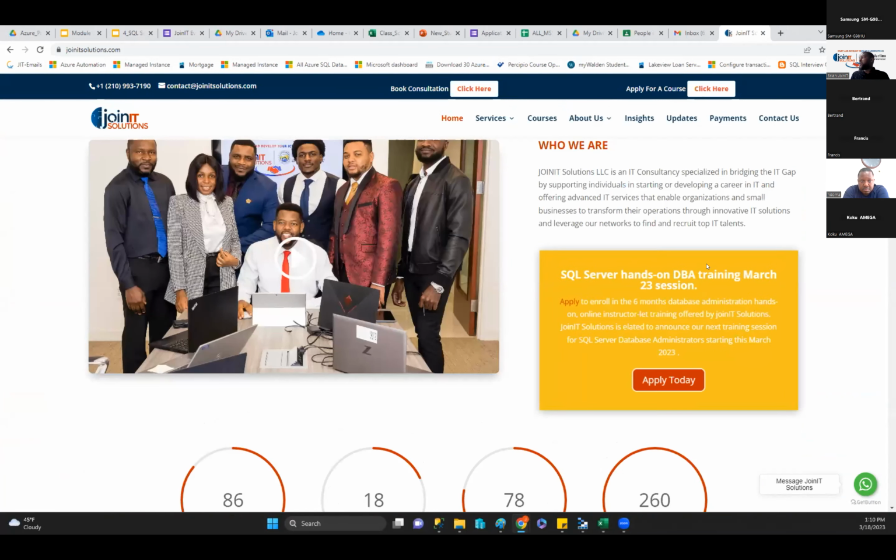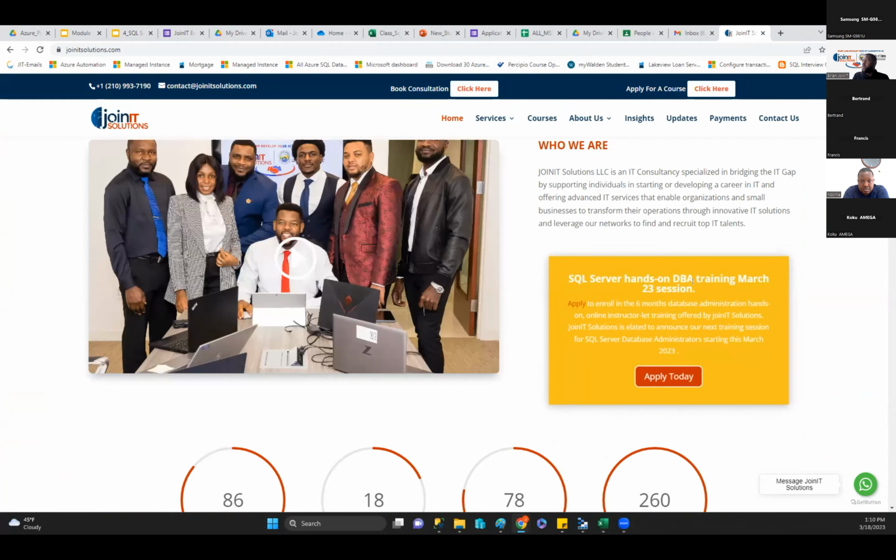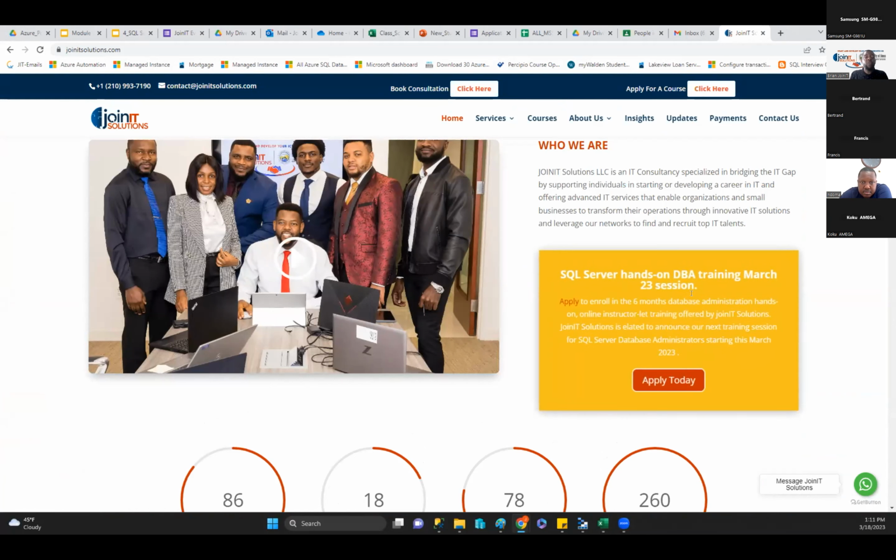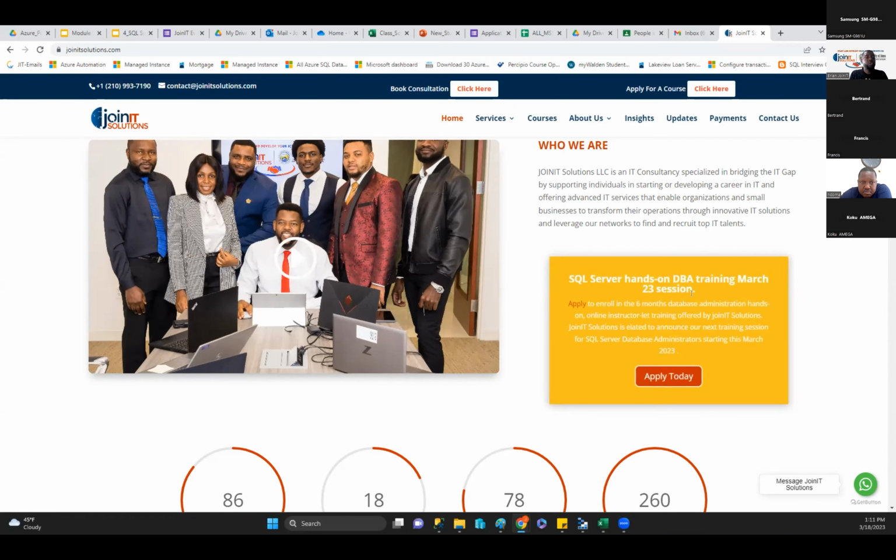There you see our SQL Server database administration training March session. March is because we have the orientation in March. This orientation is already a training. You have already started an IT course because today you have understood what IT is and the various departments within IT. So your training has started. You are part of the team now. You are part of JoinIT.